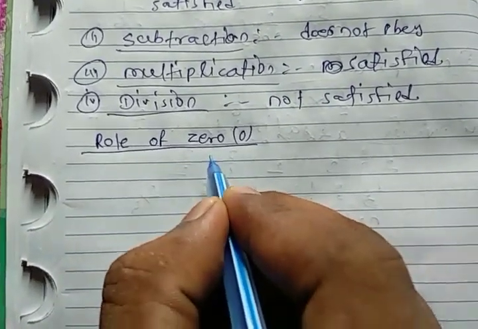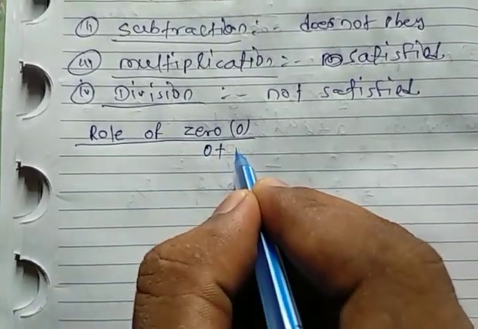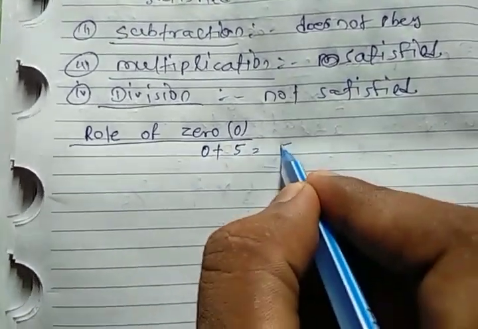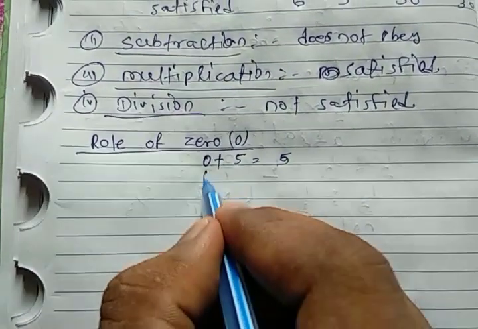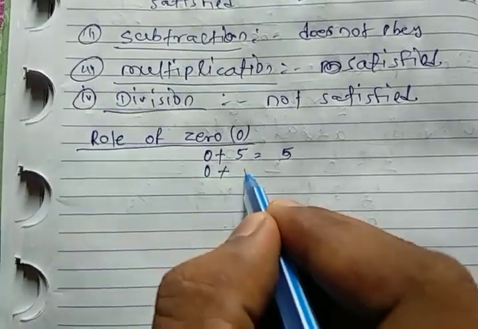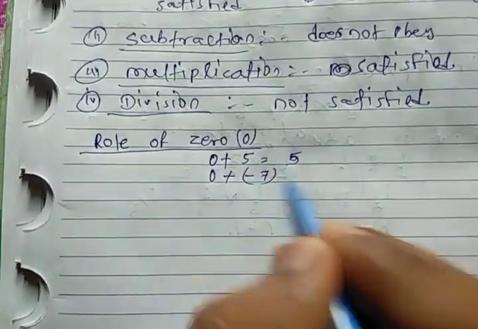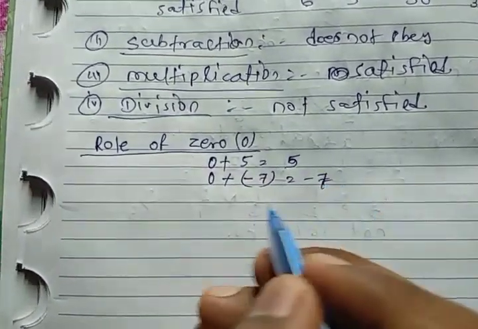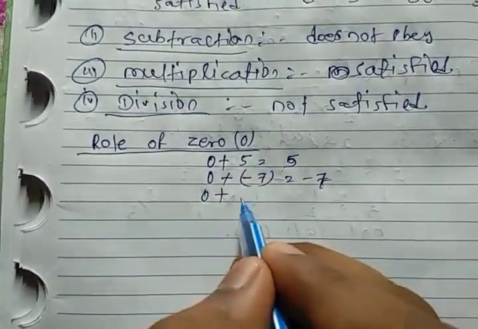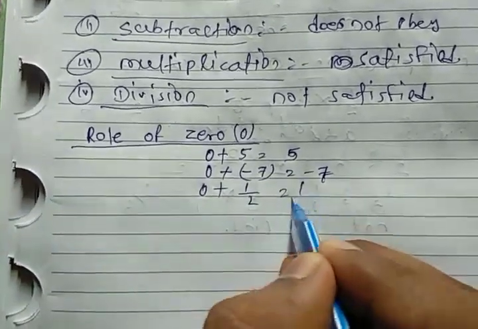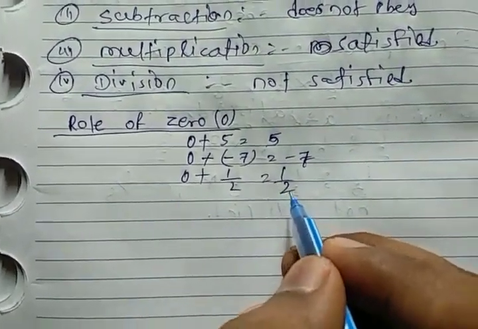Role of 0. When we add 0 to a whole number, we get that whole number. When we add 0 to an integer, we also get that same integer. When we add 0 to a rational number, we also get the same rational number.